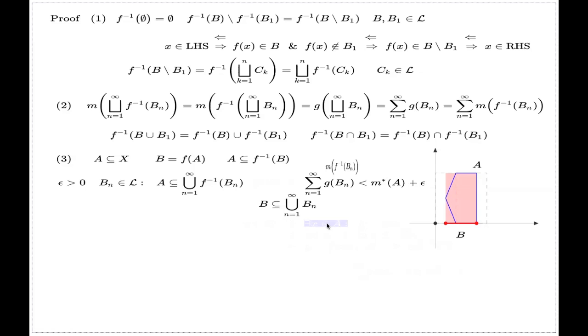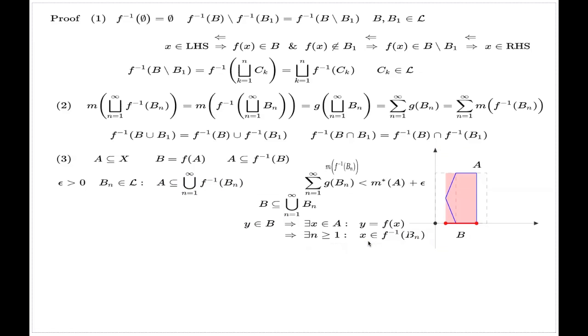Why is this so? Because here we go. If I take an element y from B, this means that there is an x in A, look at the definition of B, such that y equals f of x. This further means that because A is covered by this, there's an n, so there's an element in this covering such that x belongs to this element of this covering.